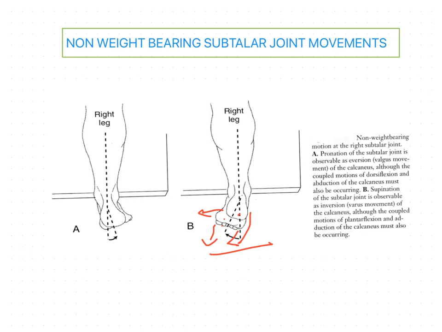It is again composed of coupled motions of the calcaneum: abduction, where the calcaneum is abducted, then eversion, so this part is everted, and then dorsiflexion. Because dorsiflexion is taking place, we can't see the plantar surface here.